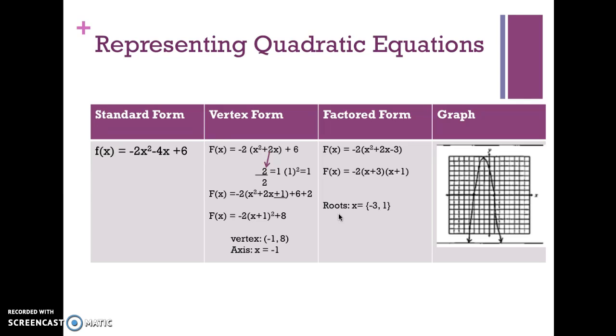So our roots are going to be, when we set each element to 0, well, -2 does not equal 0, so that's not going to be our solution. We have x + 3, so when we take x + 3 equals 0, subtract 3 from both sides, we have x equals -3. Now we have x - 1 equals 0. So when we set that equal to 0, we have x equals 1.